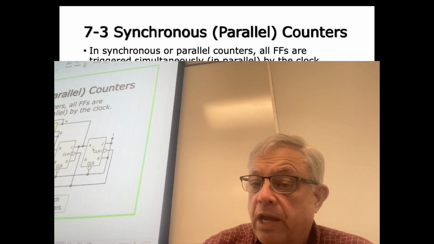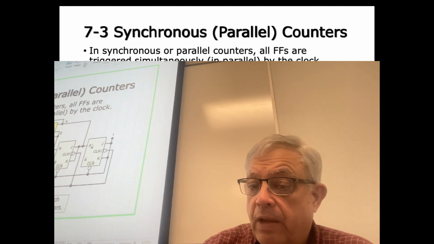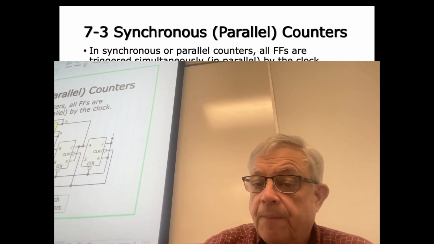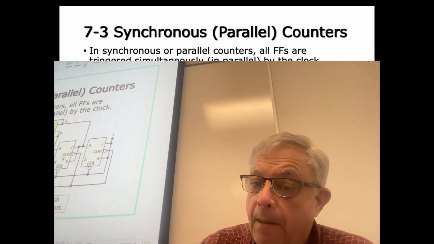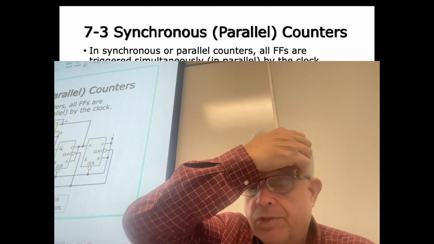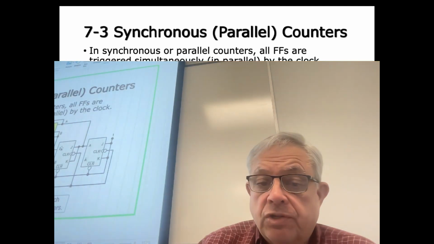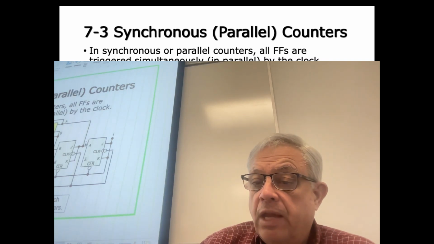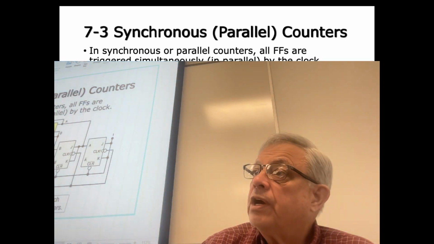When A switched, it fed up to B. A also fed C and D. This is not the preset. This is to make it so that D and C and B and A are all switching at the same time.